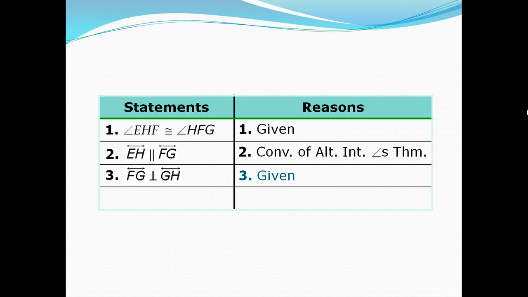Then FG is perpendicular to GH because it's given. And therefore, EH is perpendicular to GH by the perpendicular transversal theorem. Remember, if it is perpendicular to one of the parallel lines, it is perpendicular to the other.